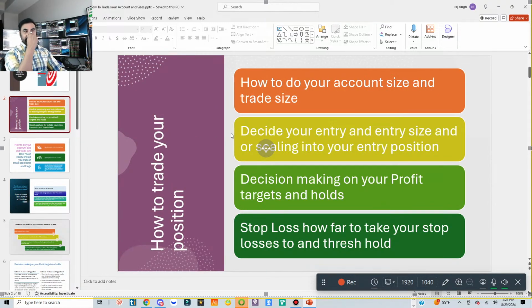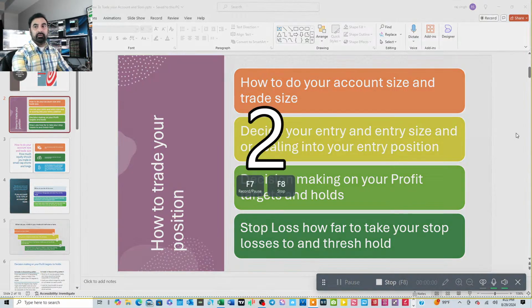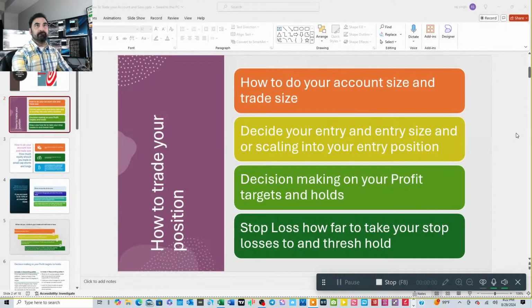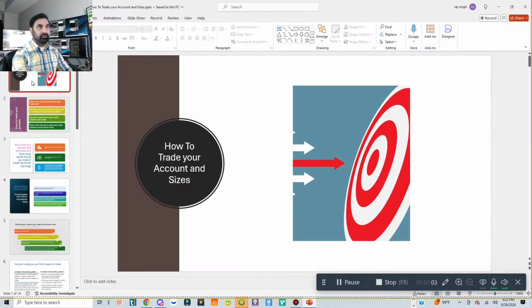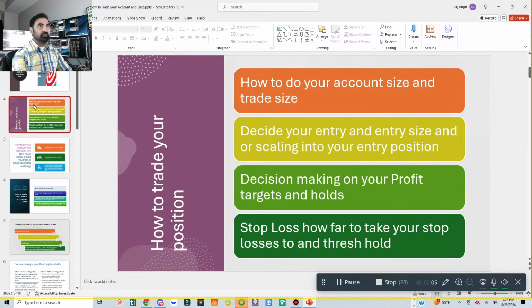So the next topic is how to trade your positions: how to do your account size and trade size. Again, these are the topics.